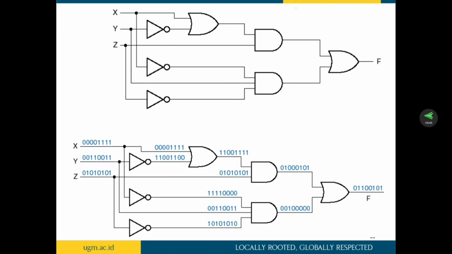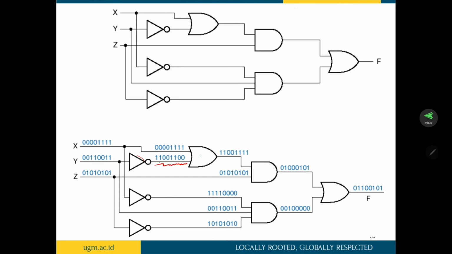And then if we have the sequence of binary logic, like 0, 0, 0, 0, 1, 1, 1, 1, for example, and then y is 0, 0, 1, 1, 0, 0, 1, 1, and we do the inverse of this input, so the result is 1, 1, 0, 0, 1, 1, 0, 0.